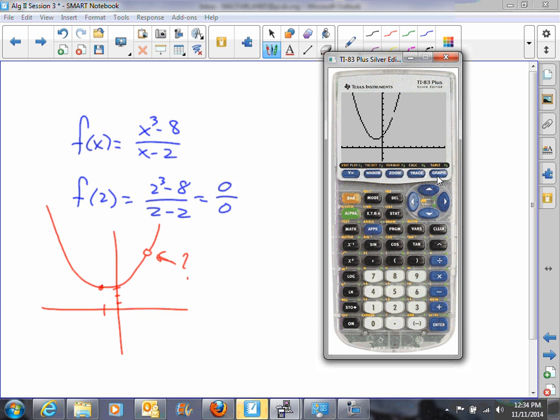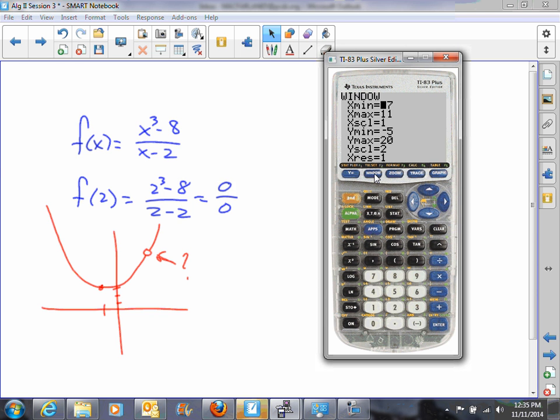In other words, we would like to know where the graph isn't, if you will. Now, one of the ways to do that is to just squeeze in on it. In other words, if you go to second window, table setup, and if you go down to the independent variable and change this setting to ask, second graph gives you a table, then you can put values in for x and it will tell you what y is.